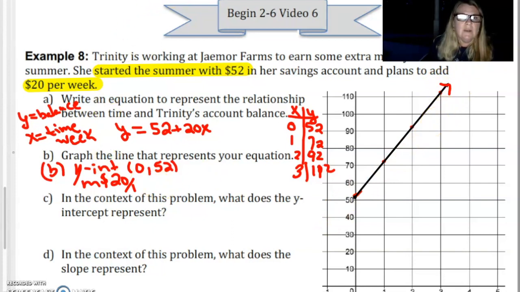Then it asks me, in context of this problem, what does the y-intercept represent? Well, that is her starting summer amount.